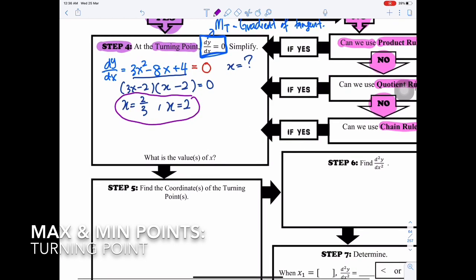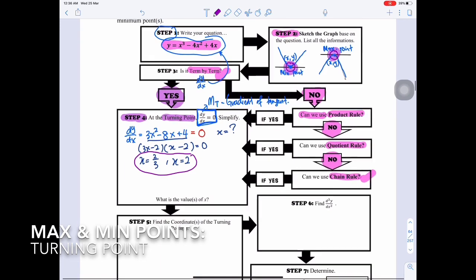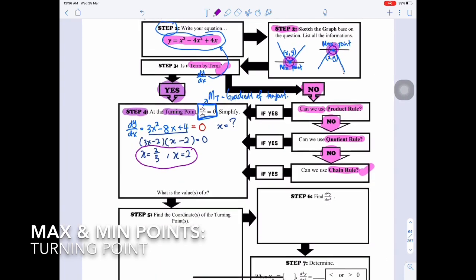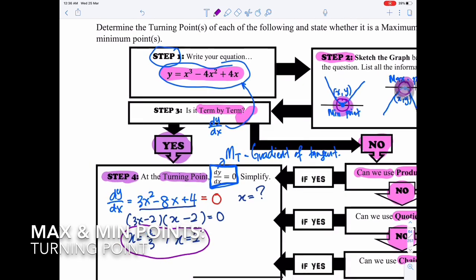We already got the value of x, so we want to find the value of y. Look at the equation of the curve. If you know the value of x, then we get the value of y.